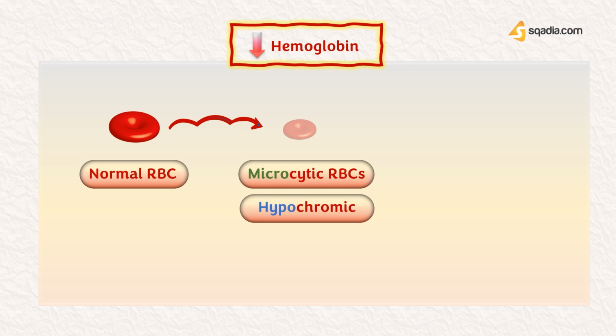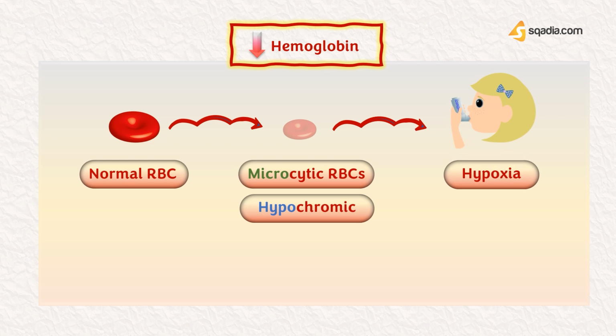Hence, a reduction in the number of RBCs will be seen and ultimately lack of oxygen transport causing hypoxia will be reported. In order to cope with hypoxia, bone marrow starts producing RBCs of irregular size and shape in a hurry, causing more trouble.